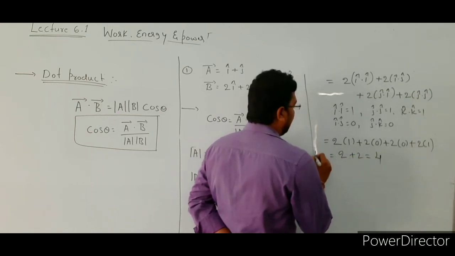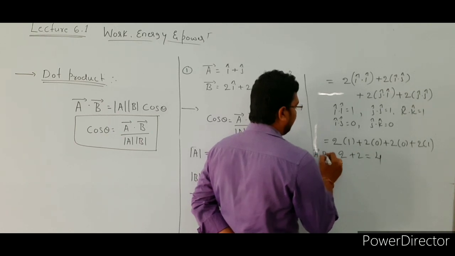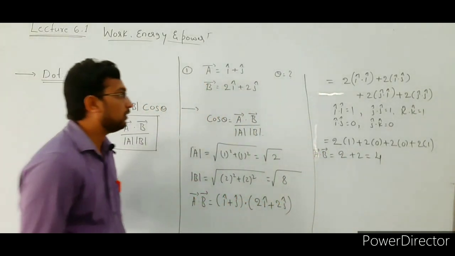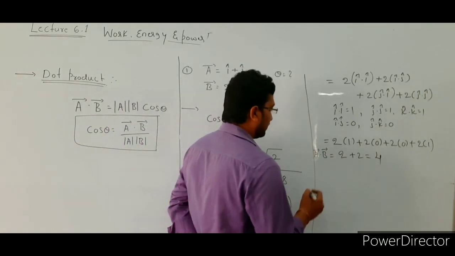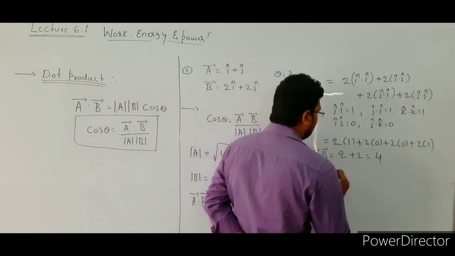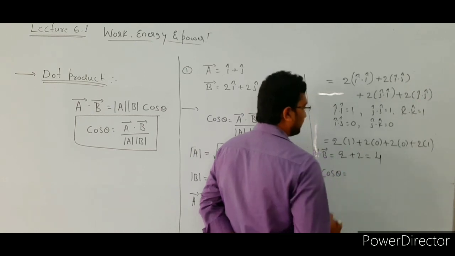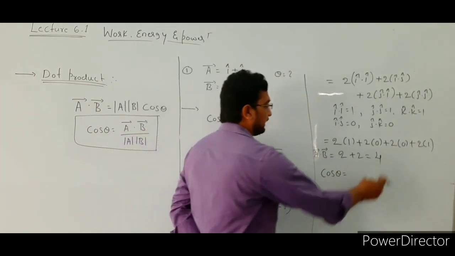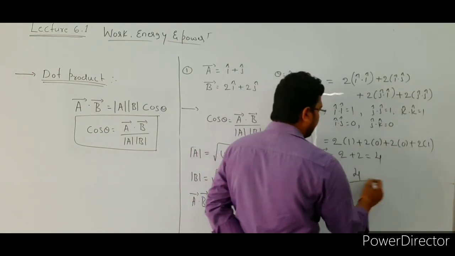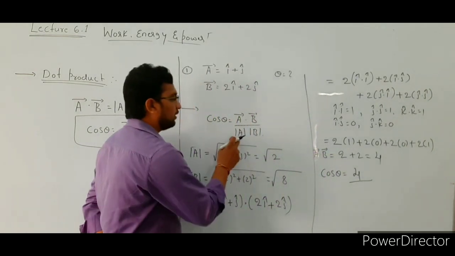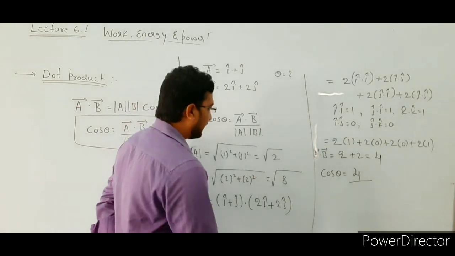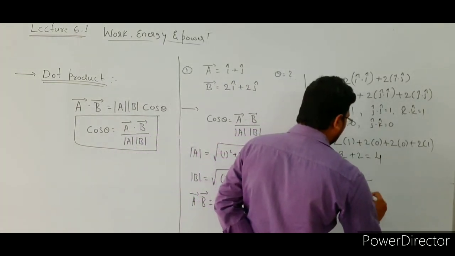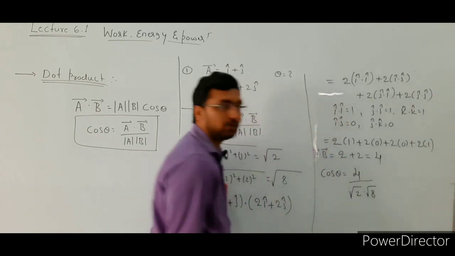So this is A vector dot B vector value. Here we want to calculate the cos theta value. So substitute here: cos theta is equal to A dot B, which is 4, divided by the magnitude of A into magnitude of B. The magnitude of A vector is root 2, and the magnitude of B vector is root 8.